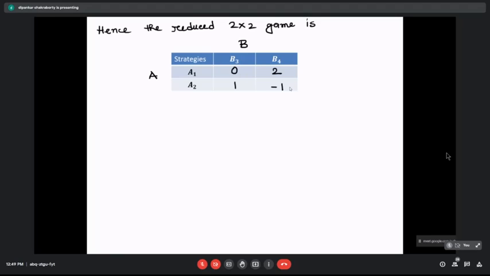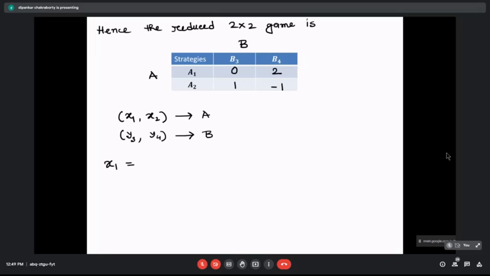So now we are going to assume the probabilities. x1 and x2 are the probabilities for player A, and y1 and y2 are the corresponding probabilities by which B is playing his strategies B3 and B4. You can say y3 and y4 also to make it clearer, as it is B3 and B4. So now recall how to get x1.